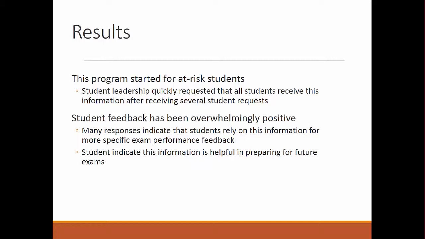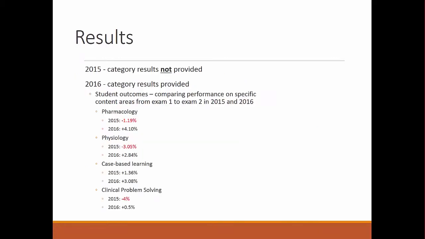And not only do we have students indicate that it's helpful in preparing for future exams, but we do have some really raw data that we're looking at right now. This is from the last couple of years, comparing the performance on specific content areas from Exam 1 to Exam 2 in given courses. So in 2015, we had not yet started this process, so category results weren't provided.